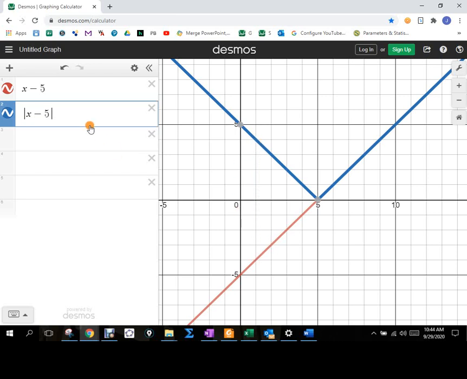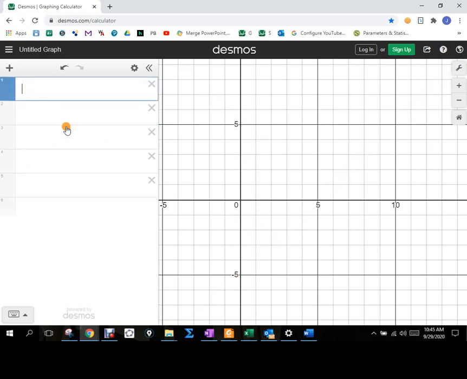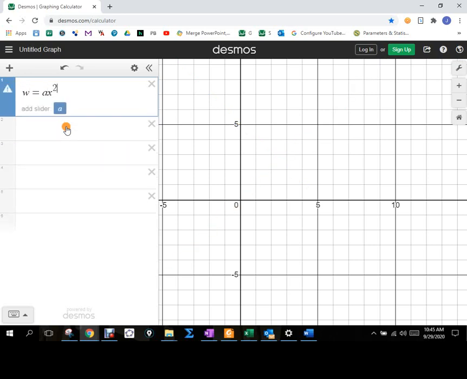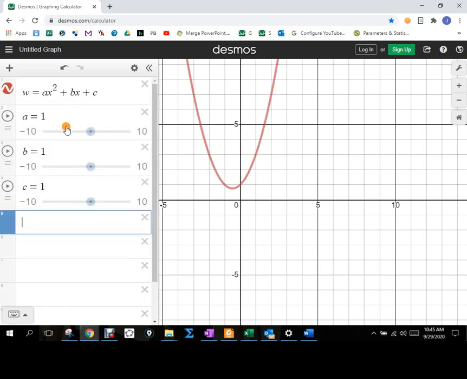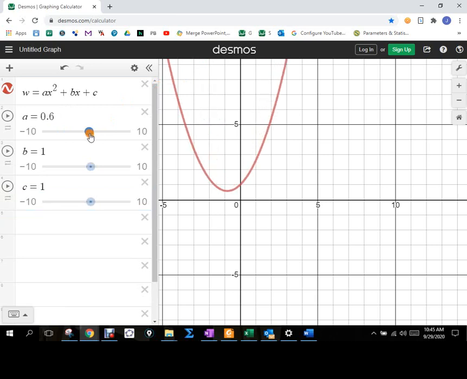Now, that's if the function inside is linear. If the function inside, let's just say I write w is equal to ax squared plus bx plus c. Let's say it's quadratic, and I call that w.